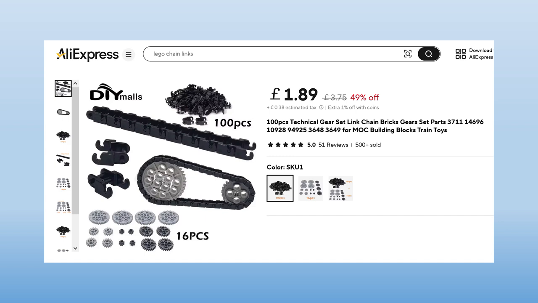While surfing the net, I came across this. It's a plastic gear and chain set designed for use with Lego, and it seemed ideal for our animations. At that price I had to try it.